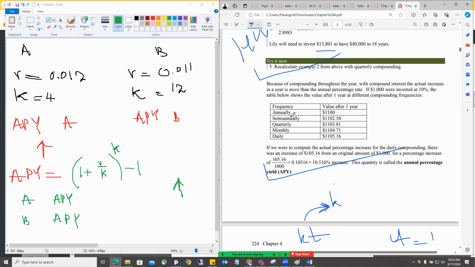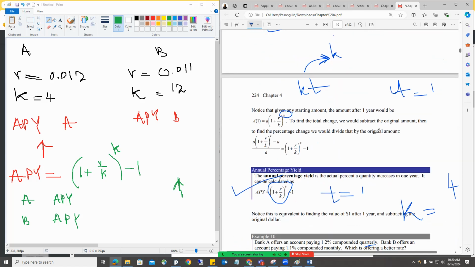But if it's semi-annually, then we are calculating the interest twice, so the interest has increased, at least by a small amount. So the more times we calculate the compound interest, the higher the final value gets.